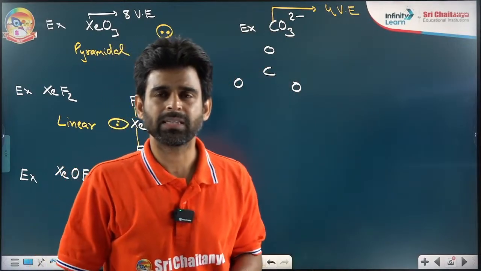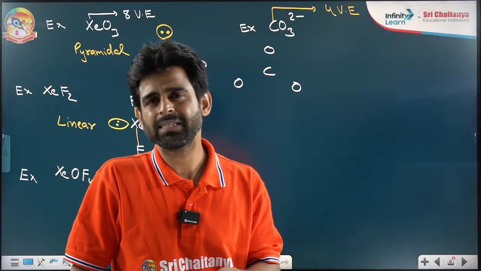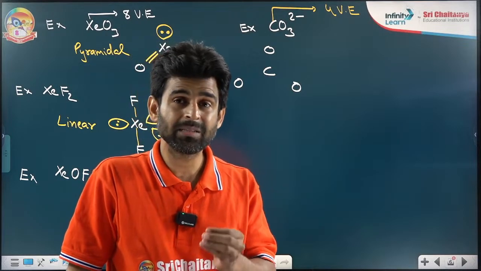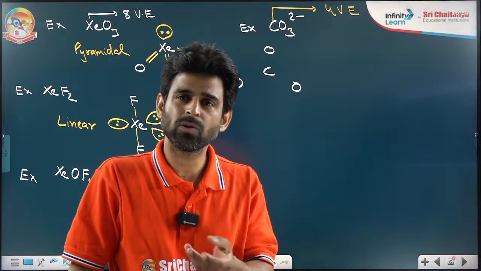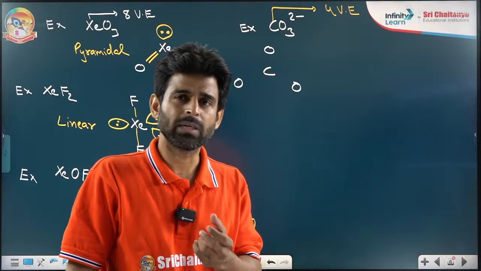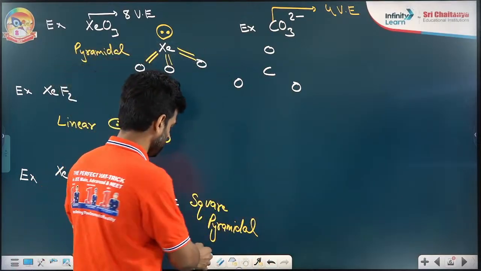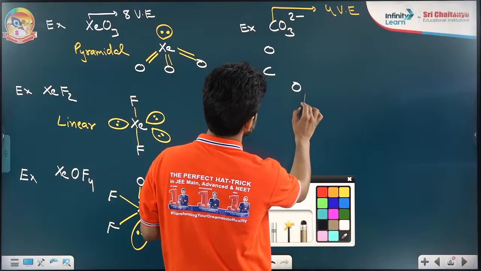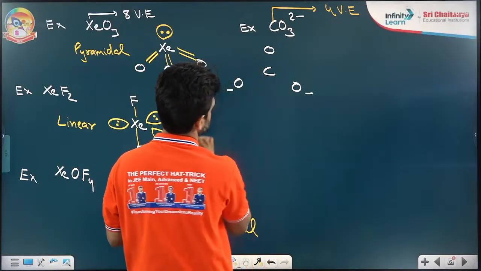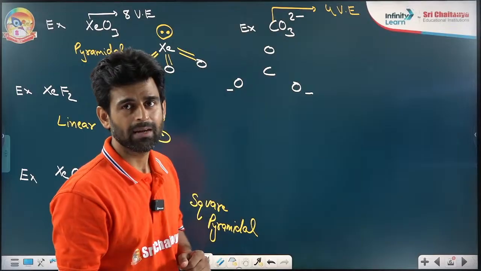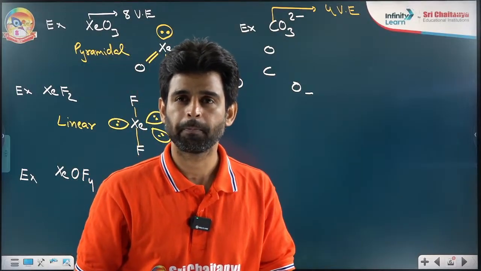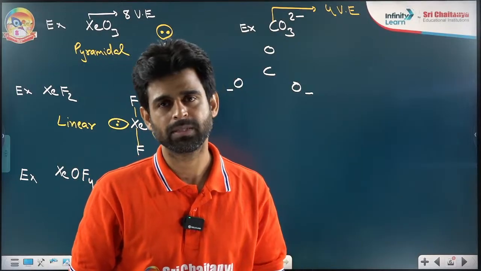And there is a negative charge. So definitely there is a chance that this negative charge is present on which element? It is present on oxygen, because oxygen is more electronegative. Fine. So I will say this oxygen has a minus charge and this one has a minus charge. So these two oxygens have which charge? Minus charge.